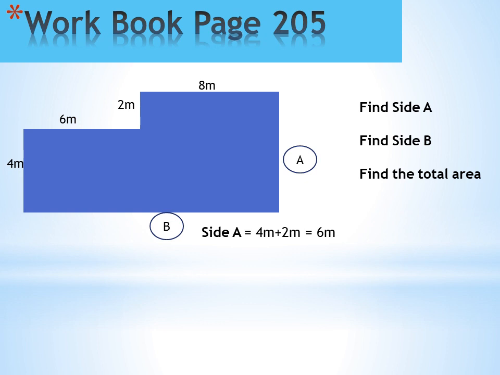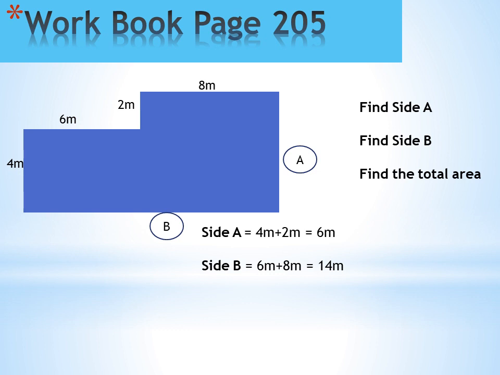So we have to add the remaining parts to make it up. So how do we then add it? Side B is going to be 6. That's the extension right there on the first rectangle. And 8, the length of the second rectangle. So 6 plus 8 is 14 meter. So our side B is 14 meter.